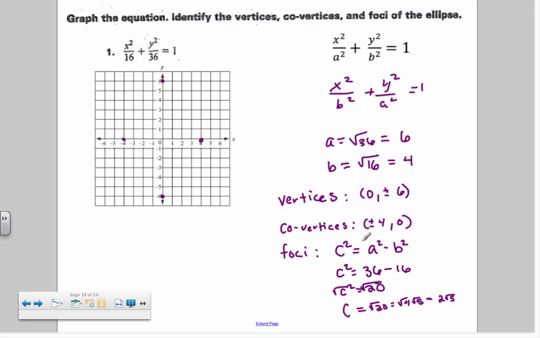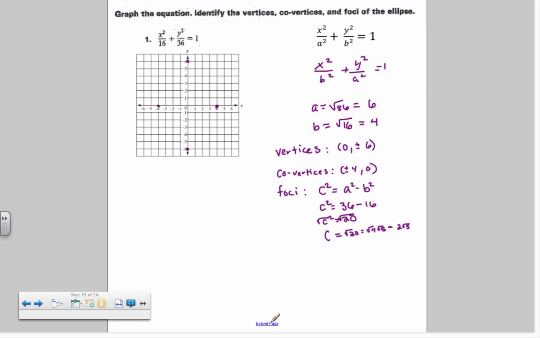To write the foci, they have to be written as points. Because it's on the major axis always, we write this as a y coordinate. So it's 0, comma, plus or minus 2 square root of 5. If I plot these, I have 4.47 in a positive direction and about 4.47 in a negative direction.